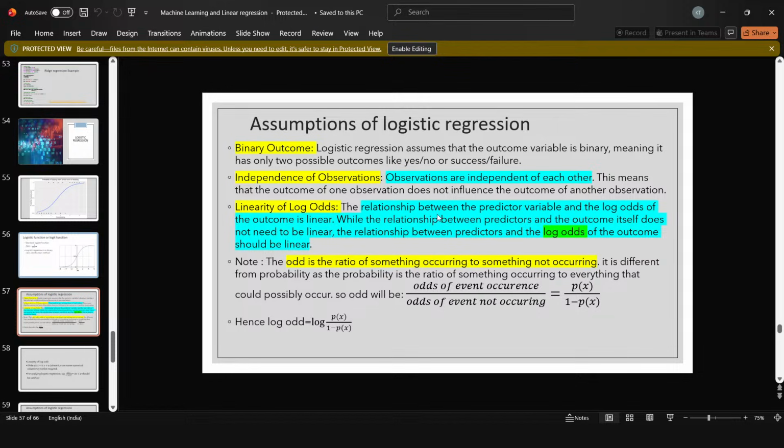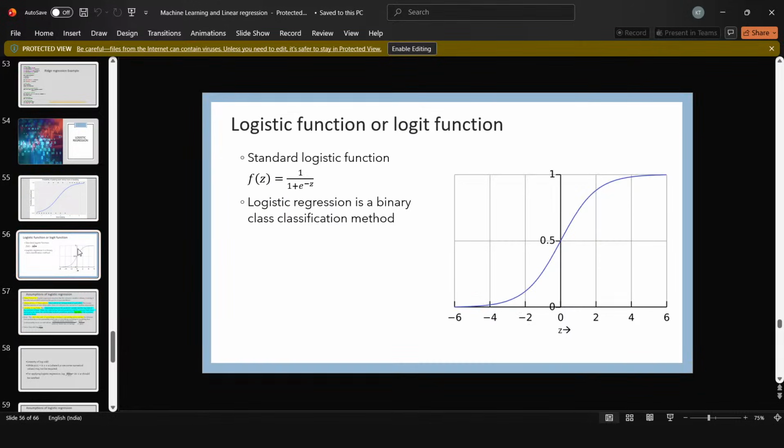And the linearity of log odds. This is the formula of log odds. Basically, if you apply this formula to the data set that is given to you, the resulting graph should be linear in nature. To understand better, assume this graph.